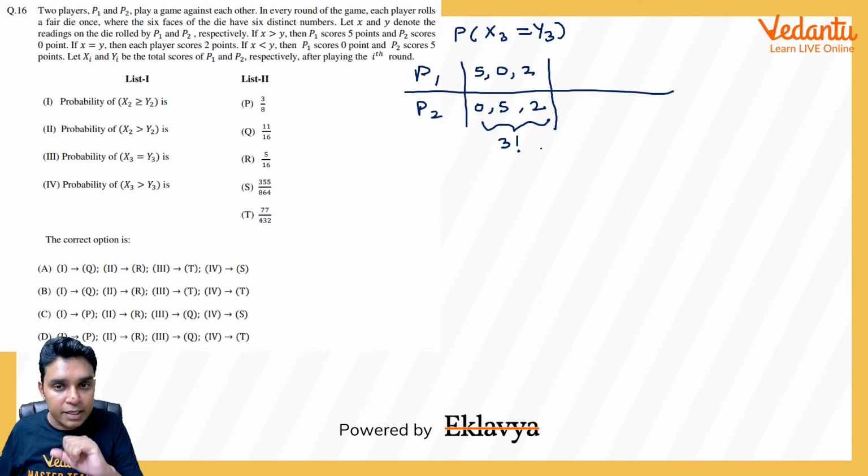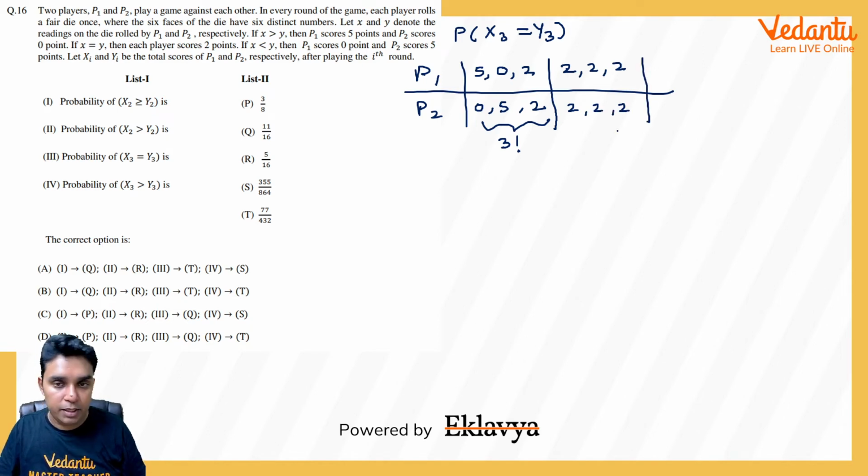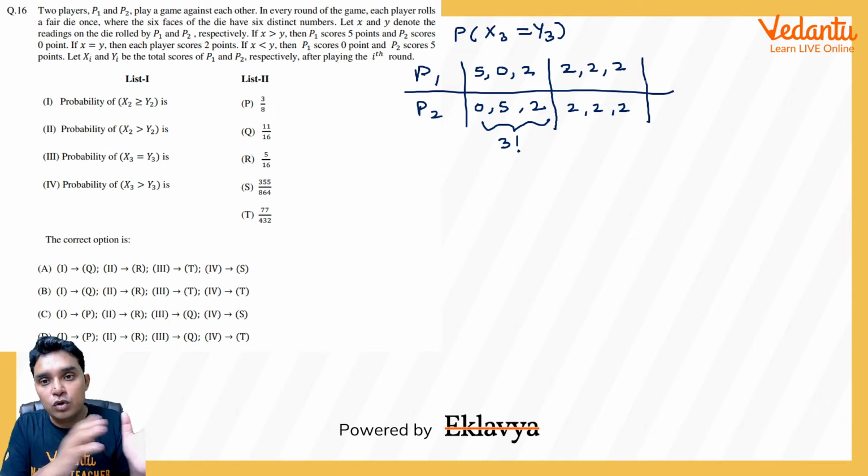Now what can be the next possibility? The next possibility of course can be 2, 2, 2 when there is a draw in all the games. Now is there any other possibility? Let me check what I have taken. When all are draws, I have already taken that. If you take 2 draws and 1 win, then you cannot have the same scores, because whosoever wins will have more score than the other.